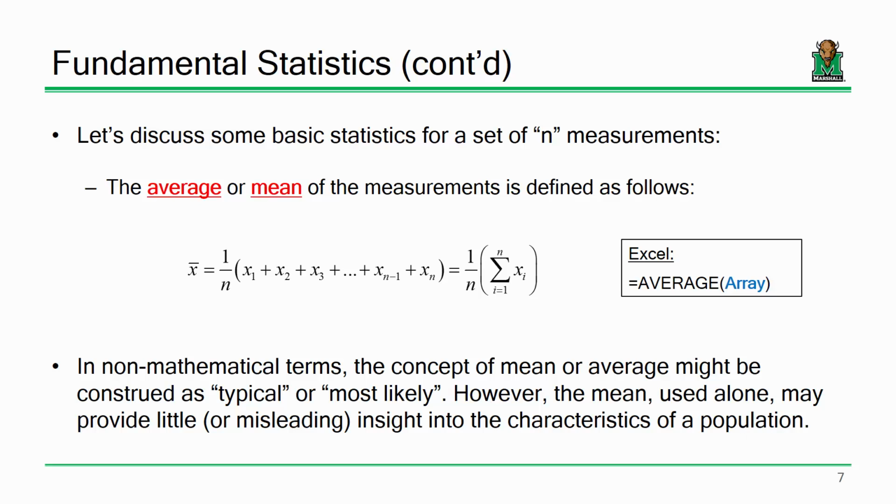Now, that's the math. The concept is that a mean represents the typical or most likely quantity that you would get. Going back to our exam, if I picked a random student in this room, the idea behind an average is that most likely they got an 85 on the exam.